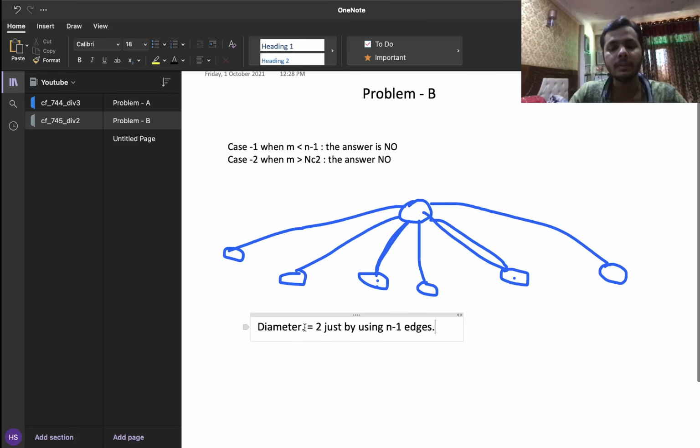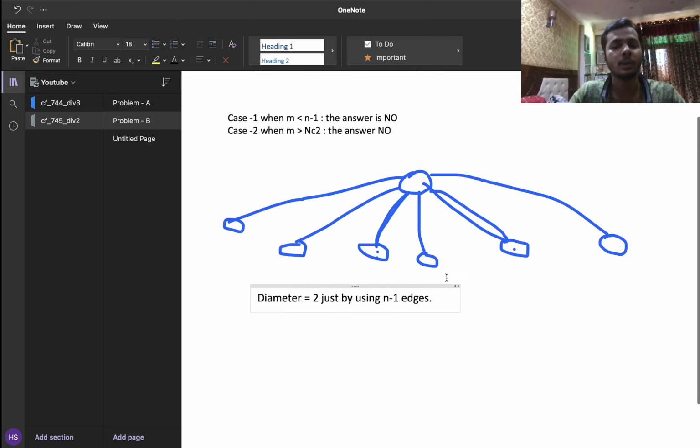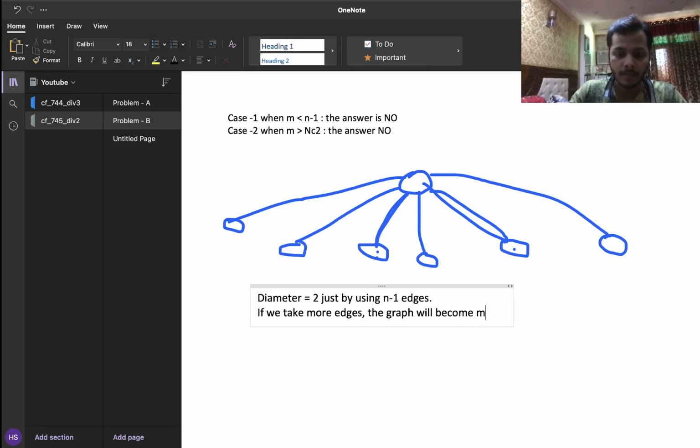So we have simply used n minus 1 edges and the diameter is as low as 2, right? Now another observation is, if we take more edges, the graph will become more and more connected, right? So that is to say, the distance between any two nodes can never increase by adding more edges.